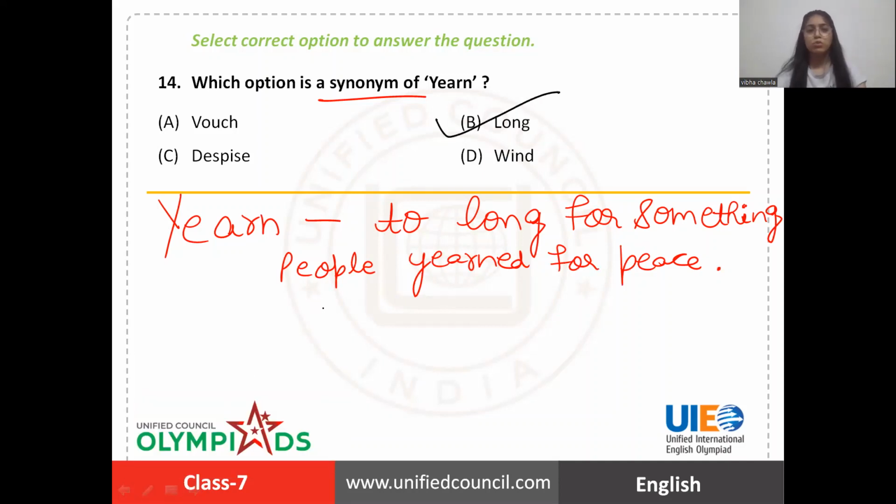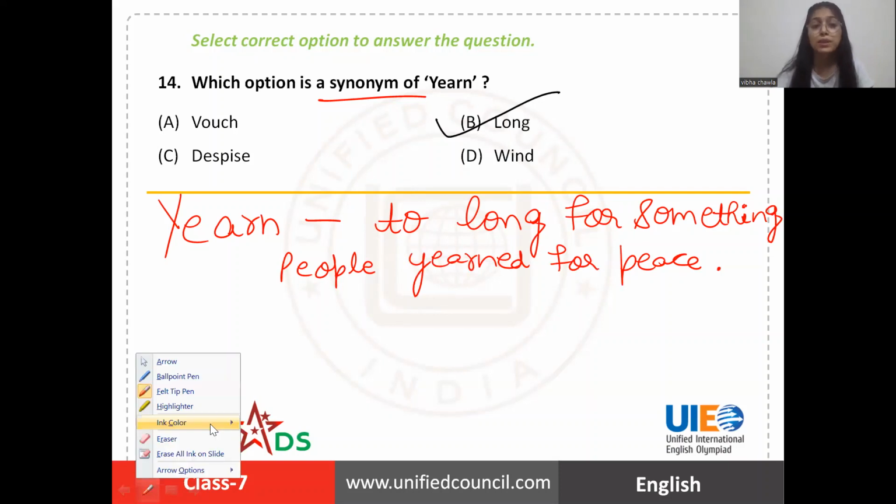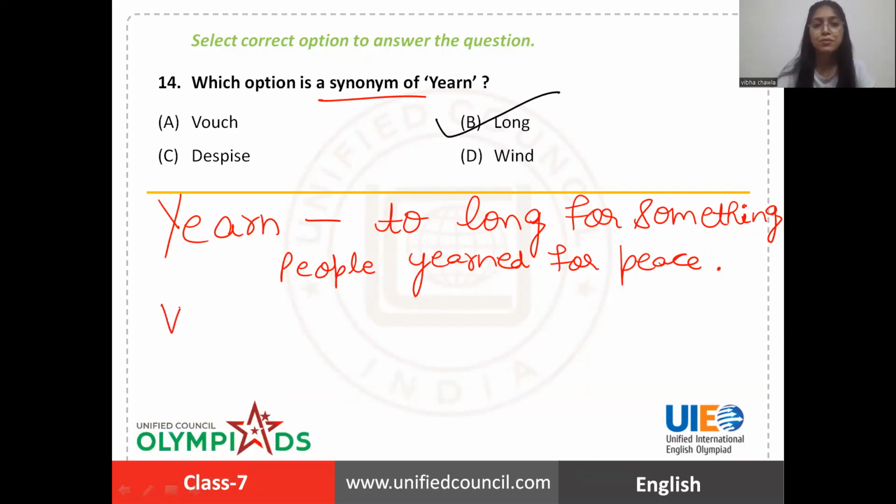Then what is this, vouch? You vouch for something. What is that? Vouch for something means when you believe that somebody will behave well and you take responsibility for their actions. Or sometimes when you believe that this thing is true because you have evidence for it, so you can vouch for that thing. Despise is very simple.